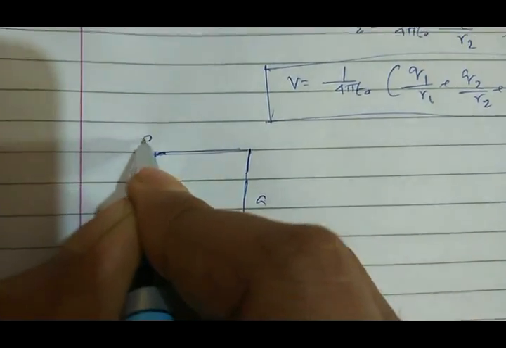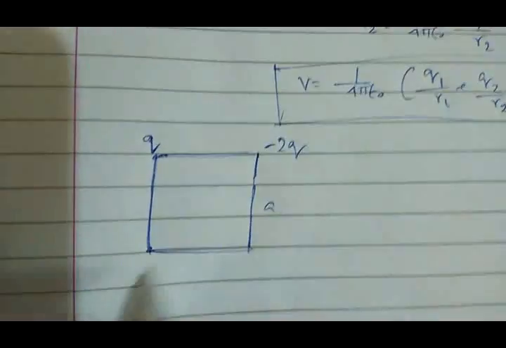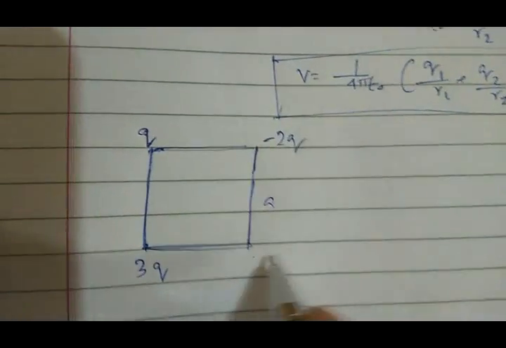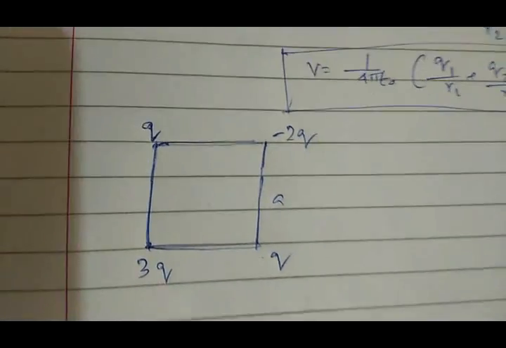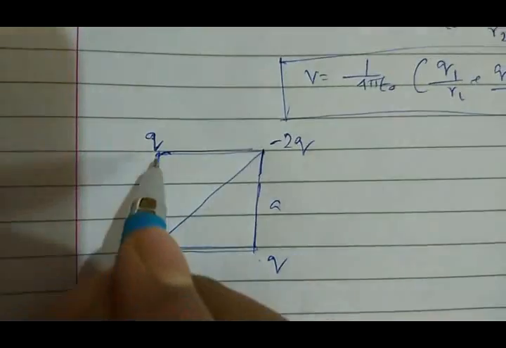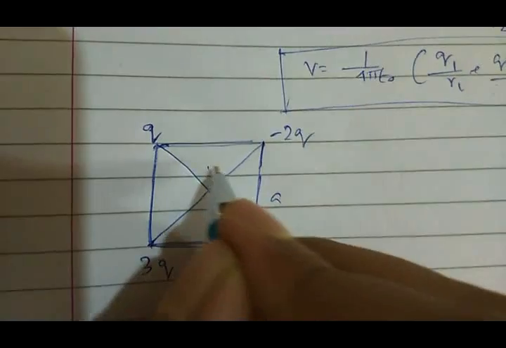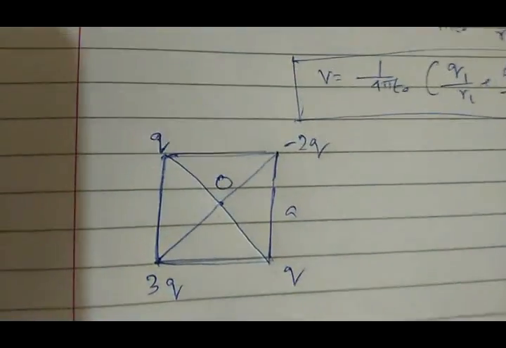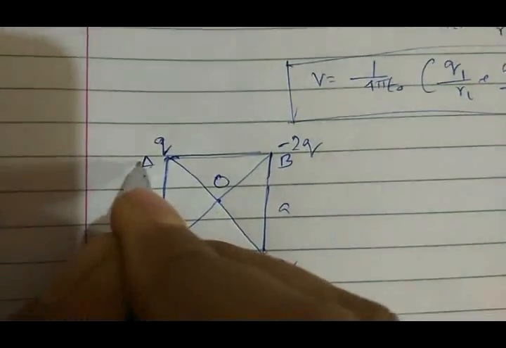Say this is Q, this is minus 2Q, this is 3Q, and this is again Q, and we have to find potential, say in the middle of this square at point O. Just name them A, B, C, D.